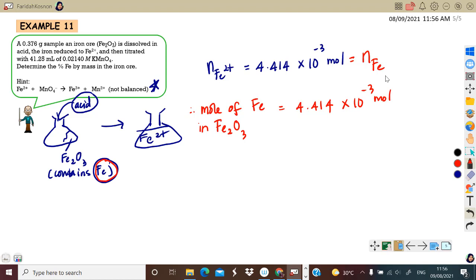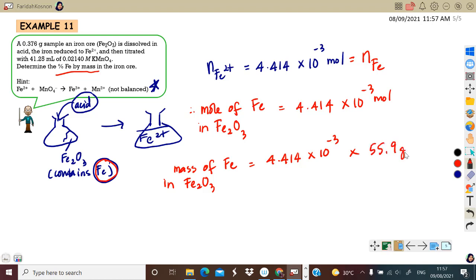Jadi, kita nak cari percentage by mass. Jadi, kita kena tukar mole ini kepada mass. So, we have to determine mass of iron in iron ore. So, by using the molar mass of iron, so mole darabkan dengan its molar mass, multiply by its molar mass, 55.9 gram per mole.